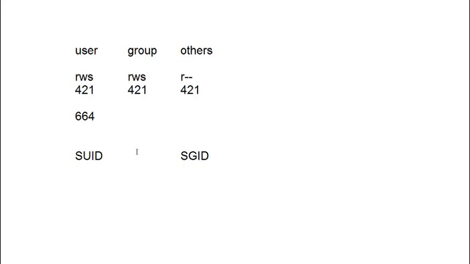These settings are on files that get installed on the operating system, and they are necessary in order to make the operating system work properly. Now, what the SUID does is it gives whoever accesses that file the same privileges as the user of that file.